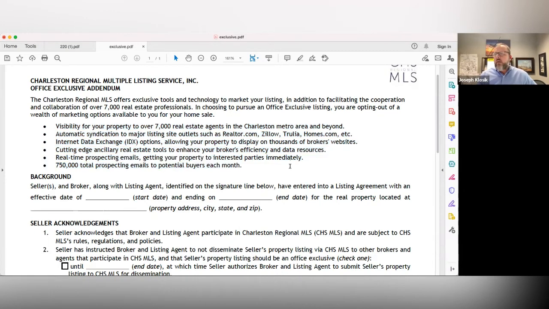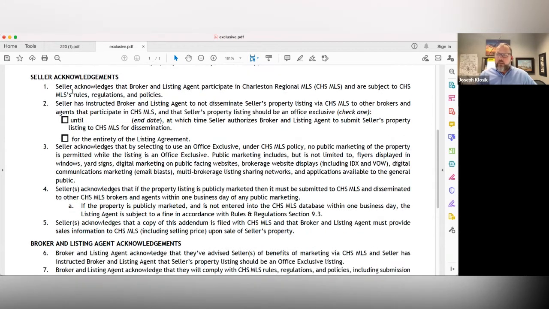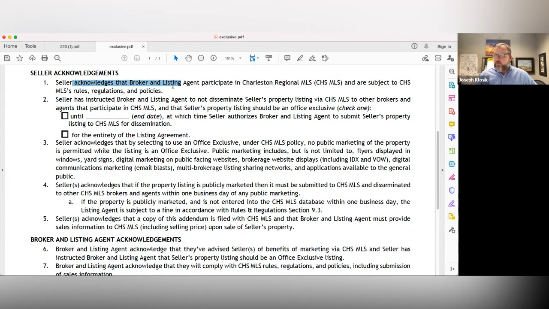What this does is it basically says, here's the agreement between the seller, or basically the seller says they have an effective date of their listing agreement and an ending date of their listing agreement, which will match what you have in your listing agreement. It'll say they acknowledge that the broker and listing agent participated in the Charleston Regional MLS and are subject to the MLS rules and policies.